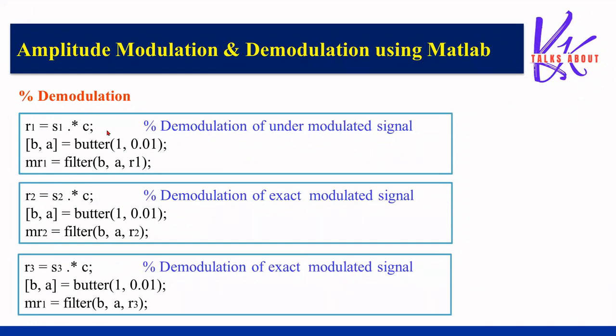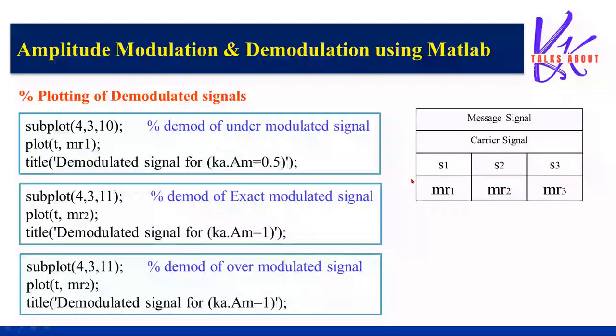of these demodulated signals. Where are we going to plot this demodulated signal? Already we have plotted 1 to 3, the message signal. 4 to 6, your carrier signal. 7, the under modulated. 8, your exact modulated. 9, we have used the over modulated.